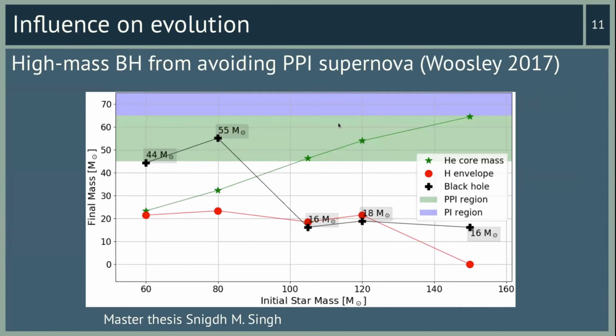So here I show a small figure of a study that I did together with a master's student, where I again show the final mass of the star or the resulting black hole compared to the initial mass of the model. So in this case, we look at the helium core mass of the star, which we then assume determines as which type of supernova it would explode.